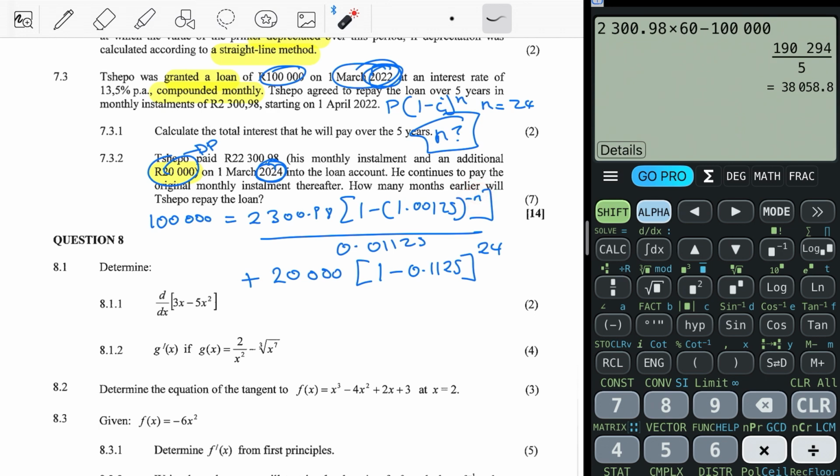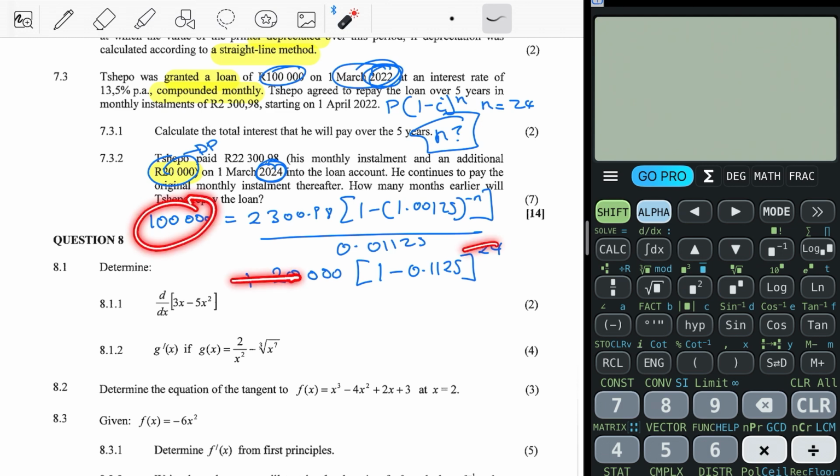I'm going to go to my calculator and I want you to follow me using my calculator. So what I'm going to do is 100,000 minus this whole thing here. 100,000 minus 20,000 times, of course this is in brackets, 1 minus 0.0... was it 0, 0?